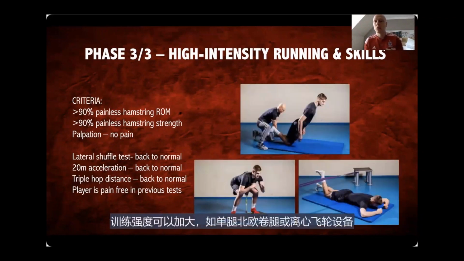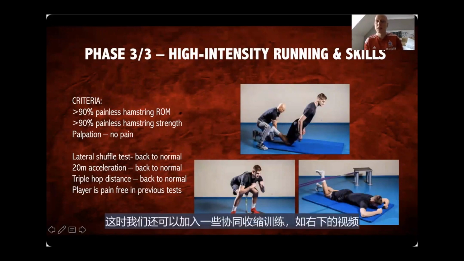We can continue to work on more aggressive exercises such as single leg Nordic hamstrings. Then we can use flywheel technology to eccentrically overload certain muscles, and a definitely great thing to do are the co-contraction exercises by hitting the band, like hysterical child exercises.